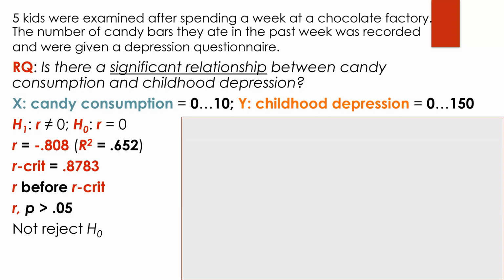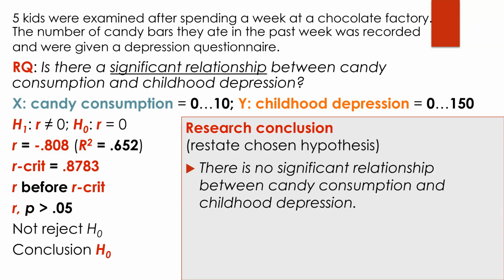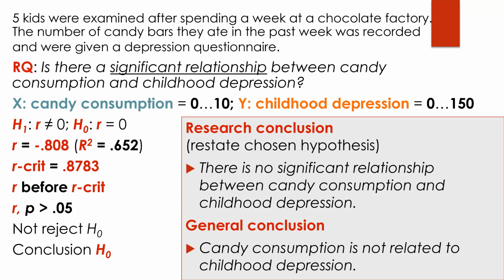So we decide not to reject the null, and the null becomes our conclusion. So all you do is just restate the null hypothesis: there is no significant relationship between candy consumption and childhood depression. And then all you have to do is just put this back into the general language of the general question for that final conclusion: candy consumption is not related to childhood depression.